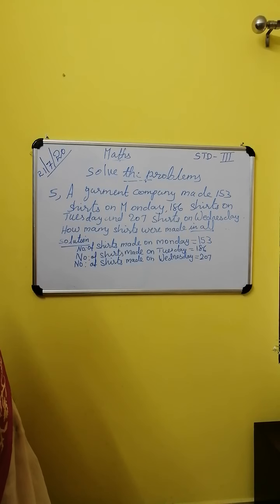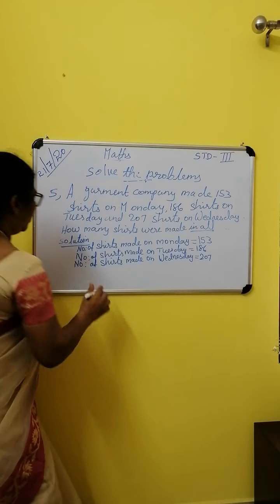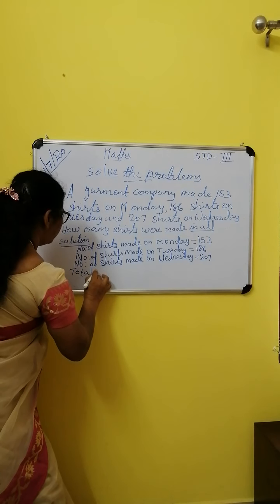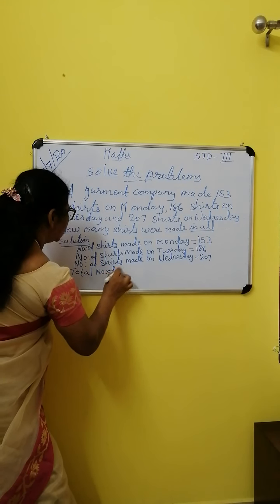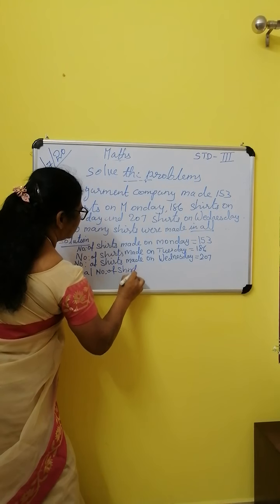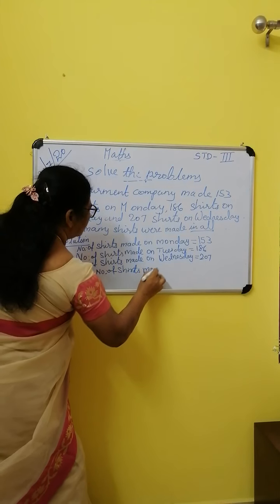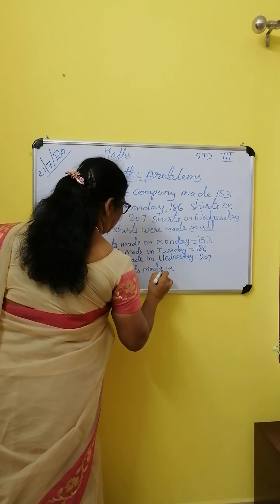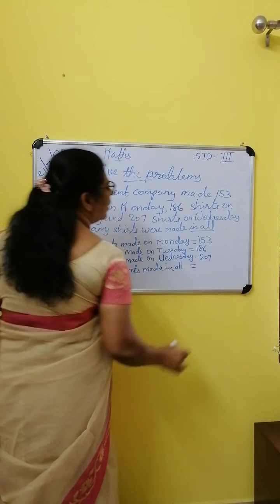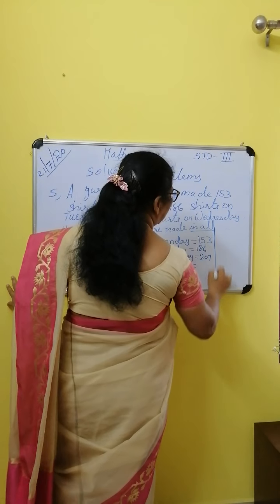Then total number of shirts made in all. Total number of shirts equal, add these three numbers in the margin.